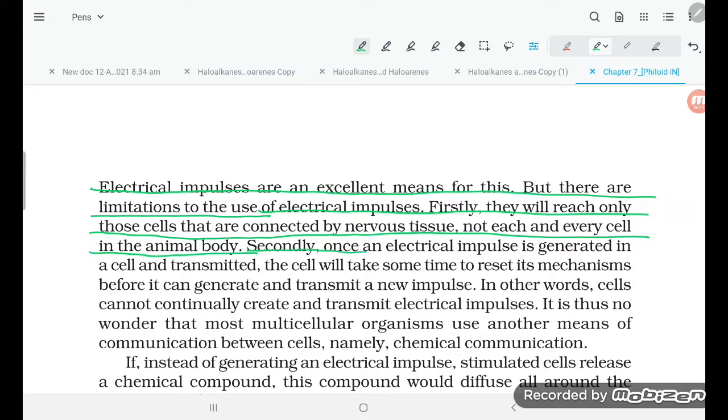Secondly, once an electrical impulse is generated in a cell and transmitted, the cell will take some time to rest in its mechanism before it can generate and transmit a new impulse. In other words, cells cannot continuously create and transmit electrical impulses.